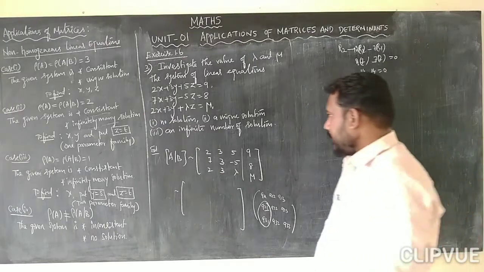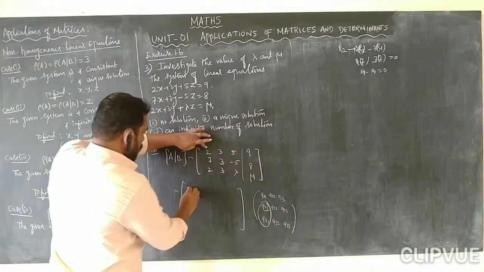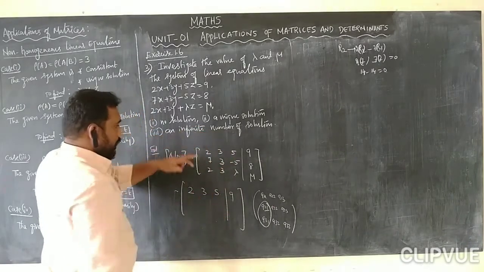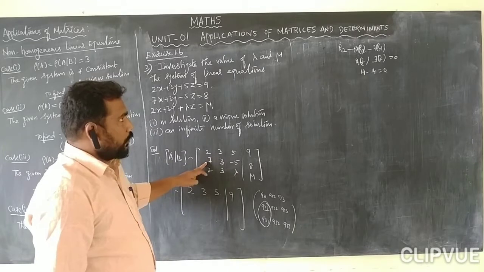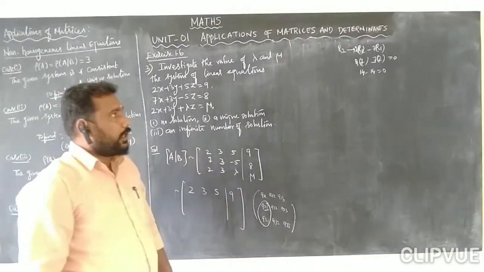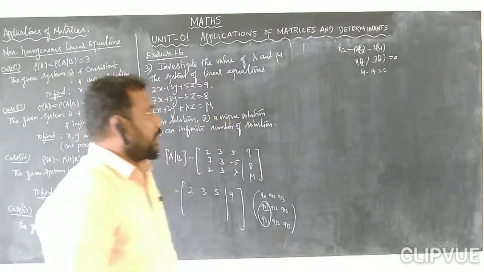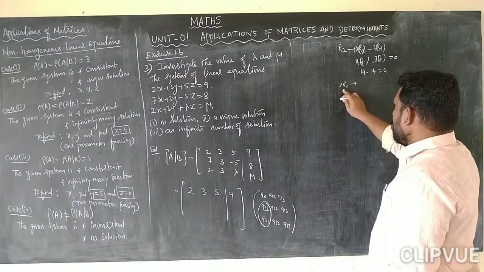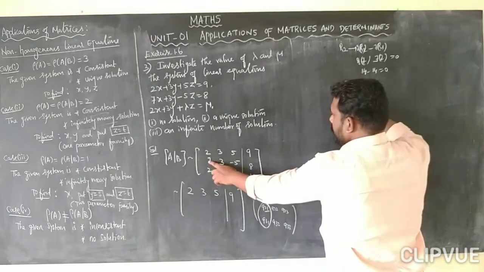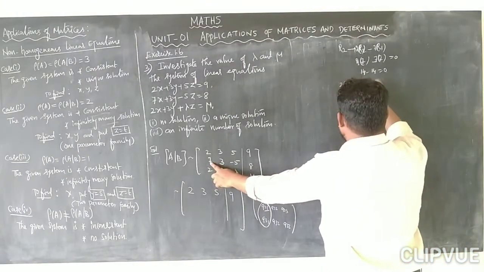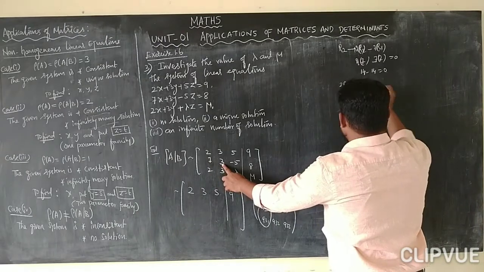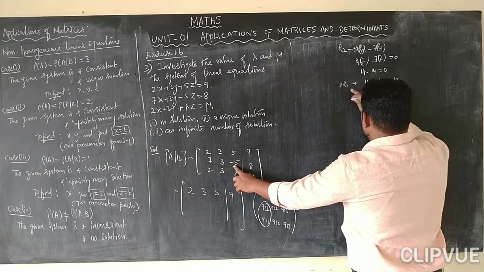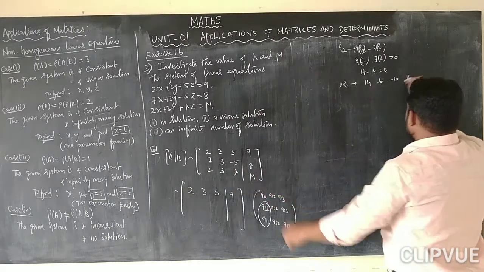First, R1: 2, 3, 5, 9. Next, R2 becomes 2 into R2 minus 7 into R1. 2 into R2: 2 into 7, 14. 2 into 3, 6. 2 into minus 5, minus 10. 2 into 8, 16.